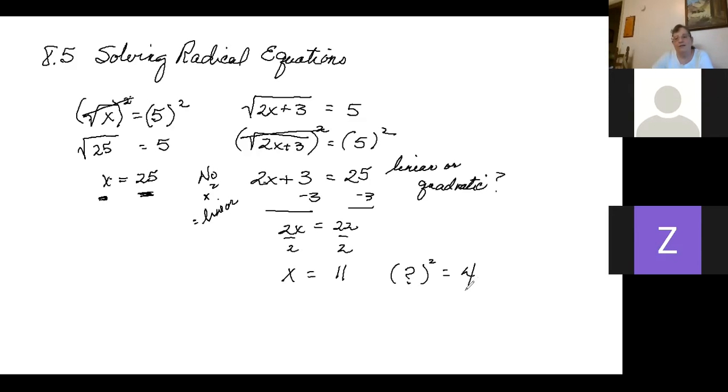But couldn't it have been a negative 2? 2 squared is 4. But negative 2 squared is also 4. And whichever one you guess, I can just say I was thinking of the other one because it's in my head and you can't tell the difference.